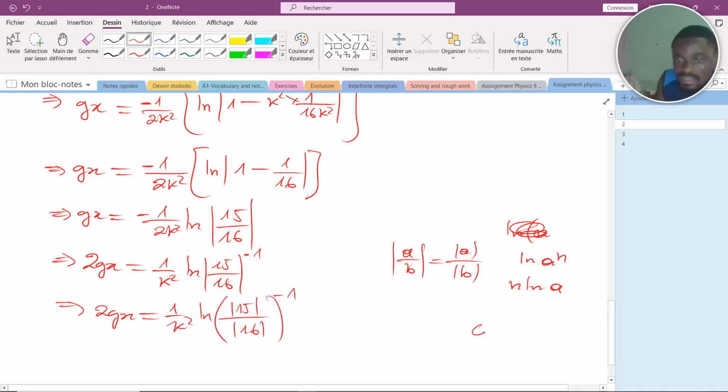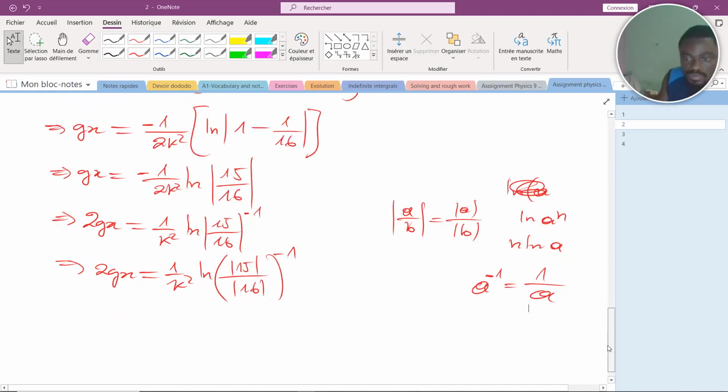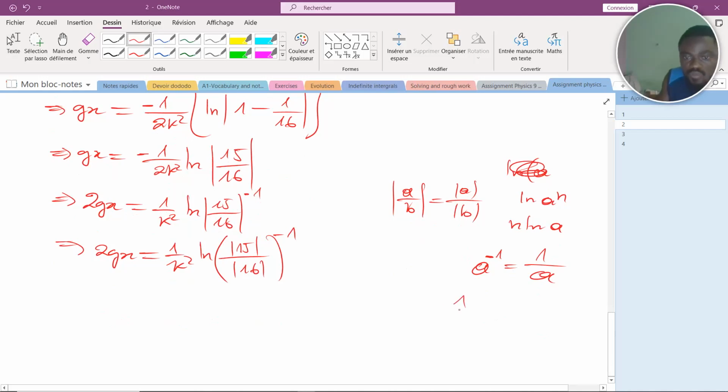But we know that a raised to the minus 1 is the same as 1 all over a. So here we are going to have 1 all over the absolute value of 15 all over the absolute value of 16. This will be equal to the absolute value of 16 all over the absolute value of 15.